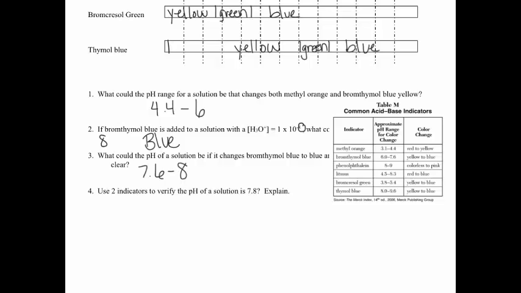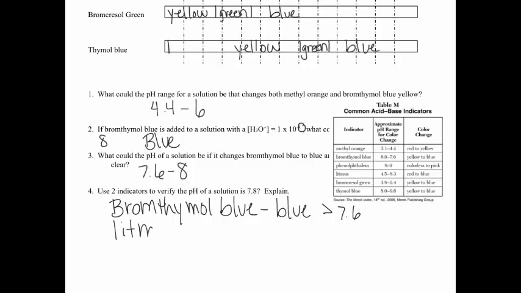That could do it too. So we're going to say, so that it's something different, bromothymol blue, we're looking for that to be blue. Therefore, it would be greater than 7.6. And we would look for litmus to be purple, so that it has to be less than 8.3.